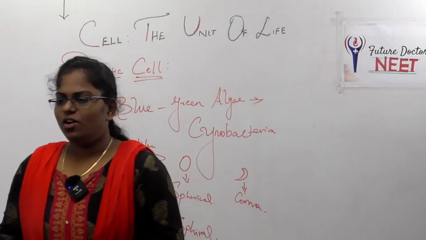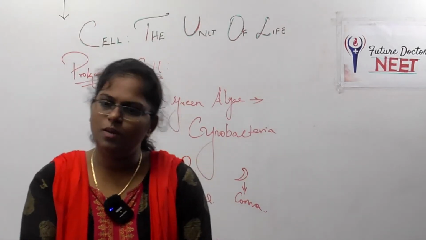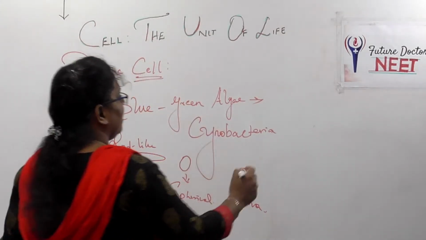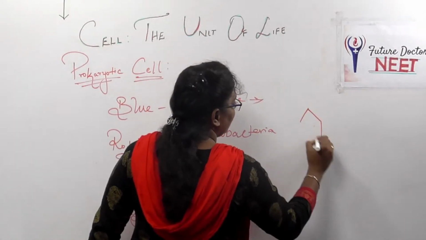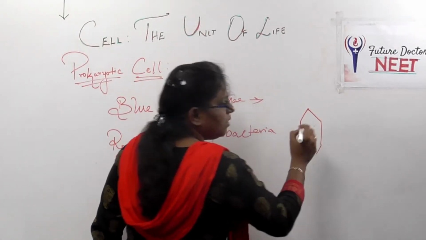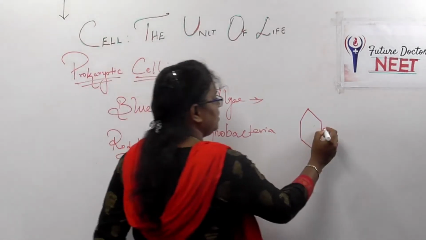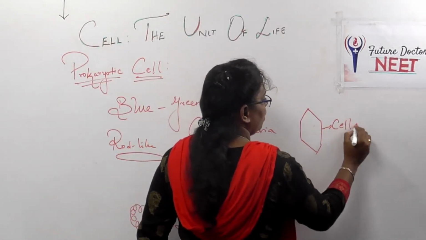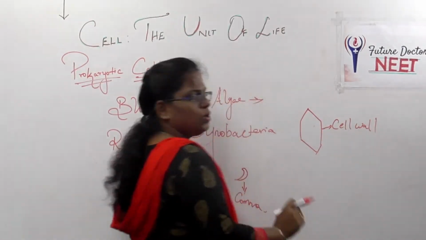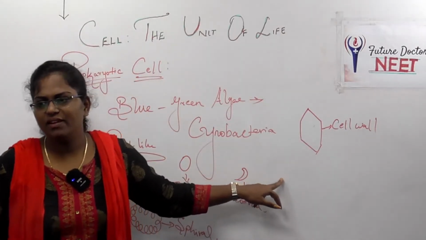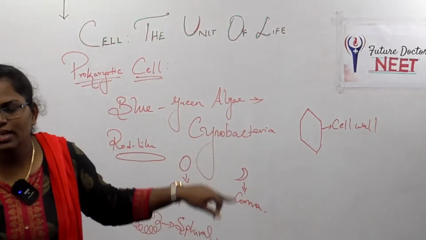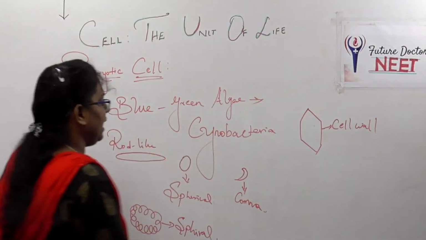All prokaryotes have a cell wall. We already saw yesterday that animal cells and plant cells have a cell wall. So, all prokaryotes have a cell wall surrounding the cell membrane.